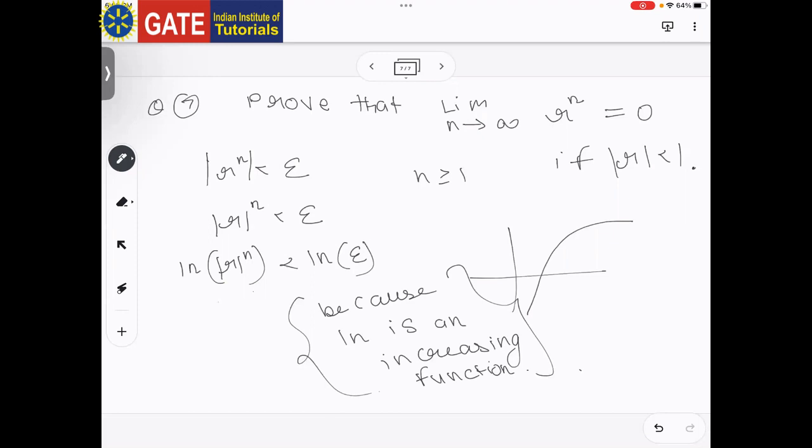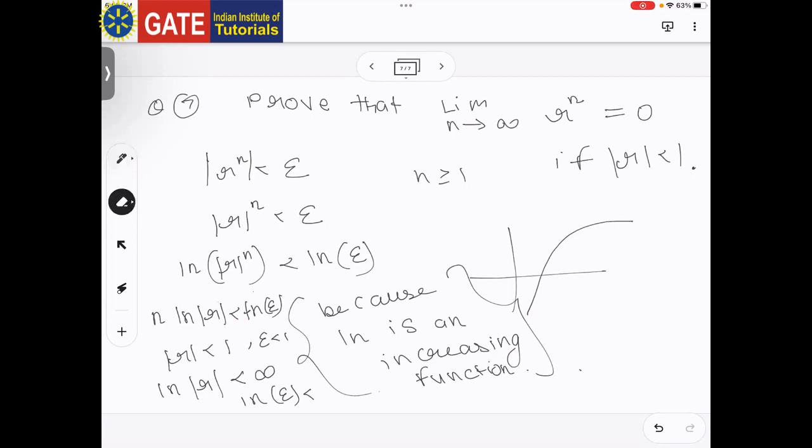From here you will get n times ln modulus of r is lesser than ln epsilon. Now we have to be careful about this, because modulus of r is lesser than 1. Then ln of modulus of r is negative, and epsilon is also lesser than 1, so ln epsilon will also be negative, lesser than 0. So both are going to be negative.